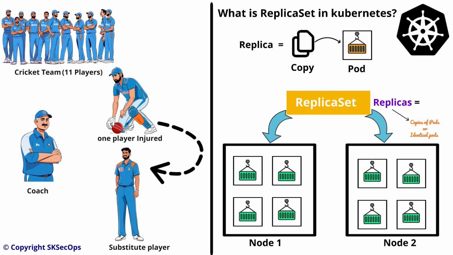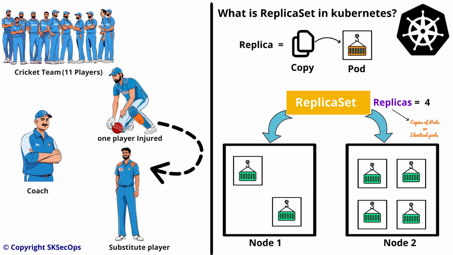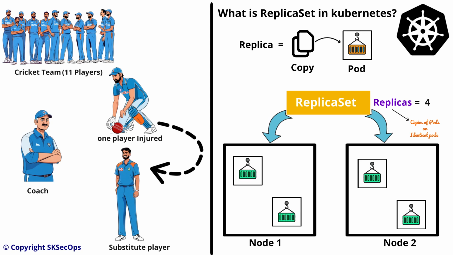If I change the number of replicas to 4, then 4 pods are running on either node 1 or node 2. Here there can be 2 or more nodes as well, but for simplicity I have considered only 2 nodes. If something goes wrong with any pod due to application crash, resource limits and network issues, then ReplicaSet is going to replace it with a new pod.